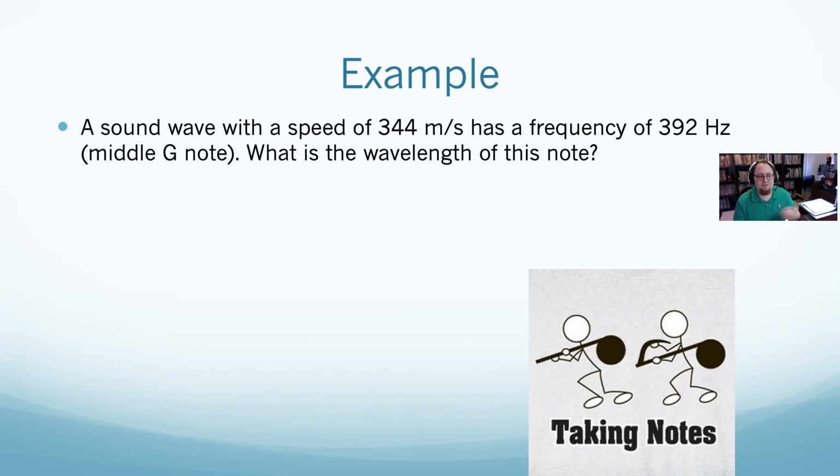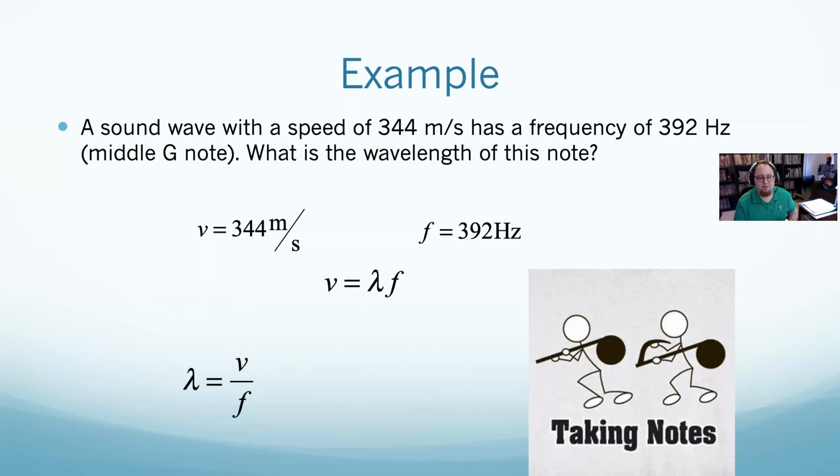What I did is I gave the velocity and the frequency. If you want the wavelength, velocity is wavelength times frequency. And if I divide both sides by frequency, I can get the wavelength by dividing out and getting a value. It's a direct relationship.